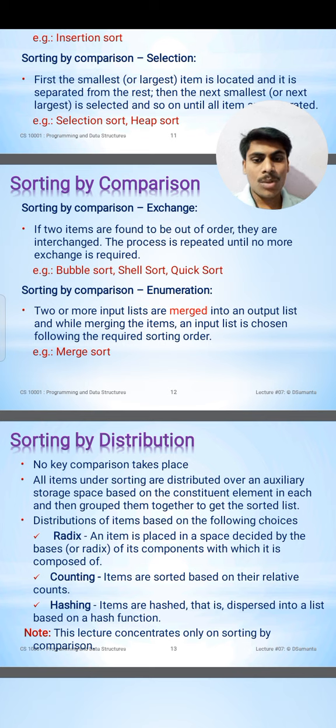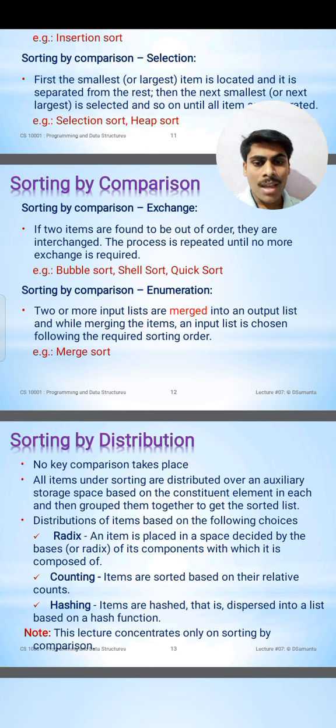Sorting by distribution: no key comparison takes place. All items under sorting are distributed over an auxiliary storage space based on constraints on the elements, and then grouped together to get the sorted list. Distribution of items is based on the following choices.